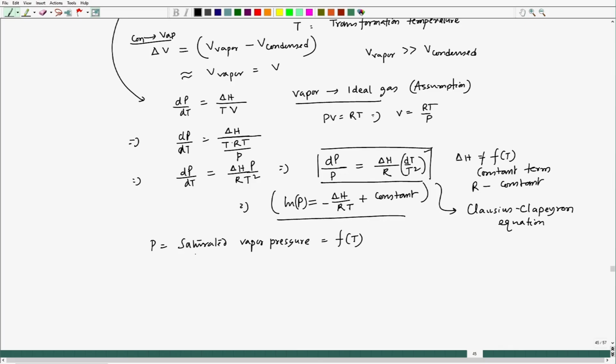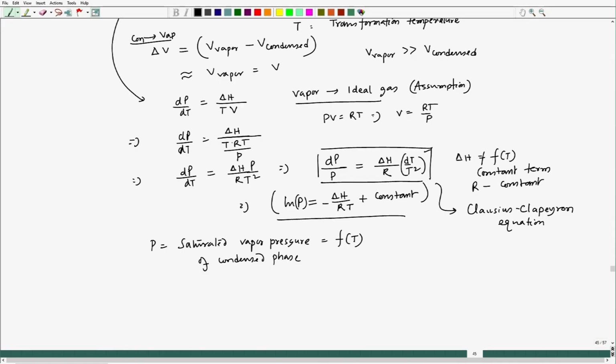Now, this saturation vapor pressure of the condensed phase means how much pressure the vapor molecules of the condensed phase exert on the wall of that particular closed system.